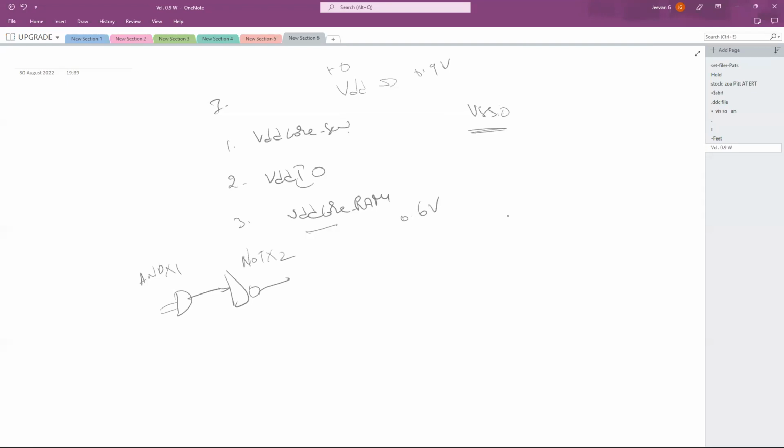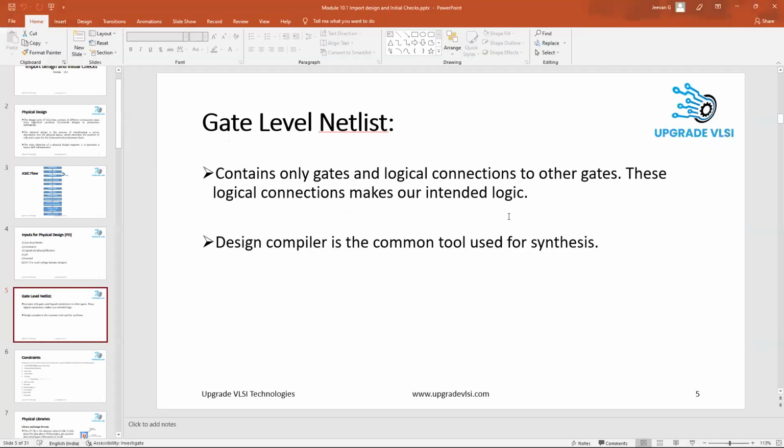This is the logical connection. What is the net name between these two? Only this information will be available: any logic cell and the connection between any two logic cells. Only this information will be available in the gate level netlist. The name itself is telling, gates means logic gates, right?